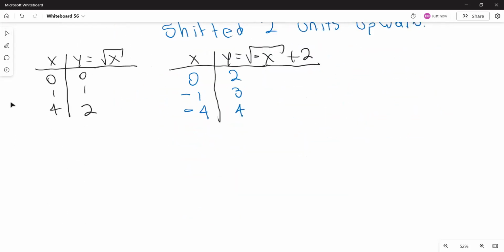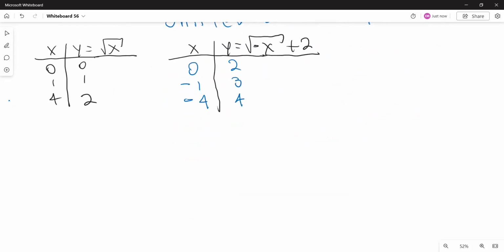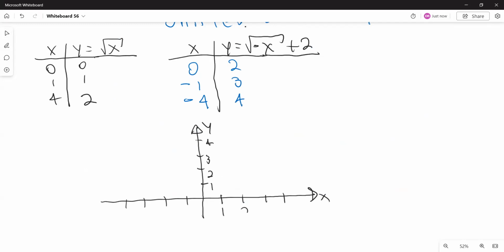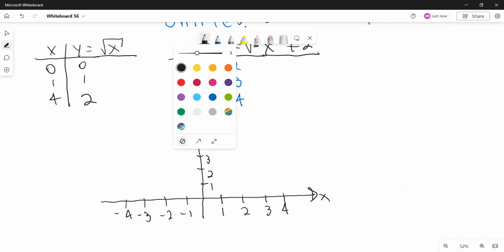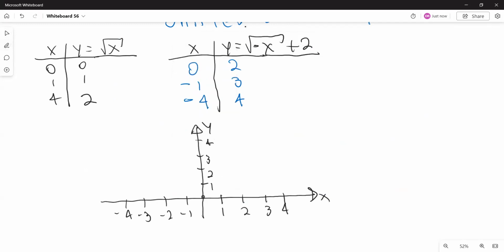Let's sketch the graph. We're going to do those together. Okay, so the square root of x passes through 0, 0, 1, 1, and 4, 2.